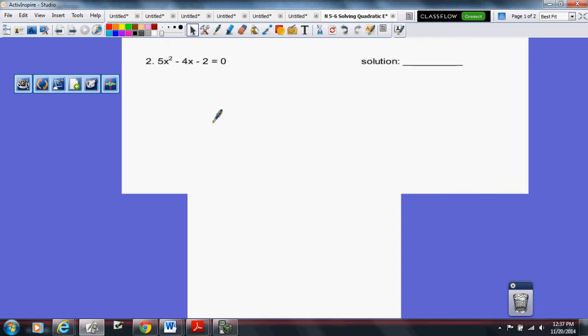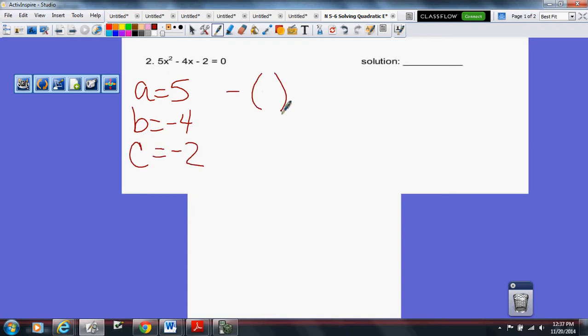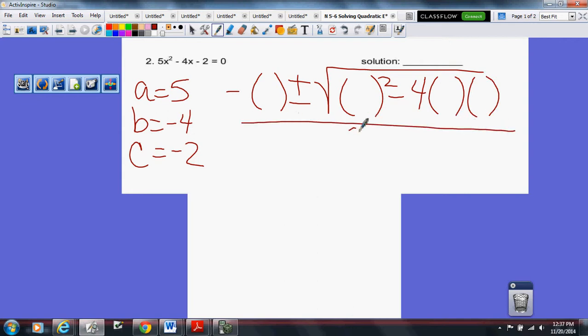So on number 2, they were nice and I already put it in standard form and set it equal to 0. So it's easy for me to plug in my values because I know that my a is 5, my b is negative 4, my c is negative 2. So when I write my negative b plus or minus the square root of b squared minus 4ac over 2a. Now I'm going to plug in my values.